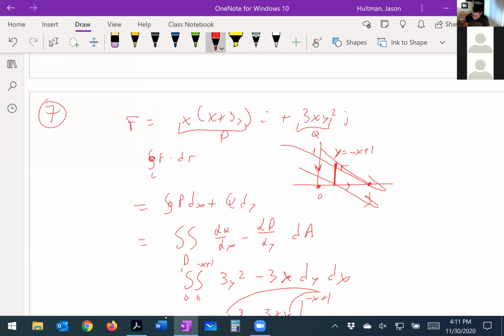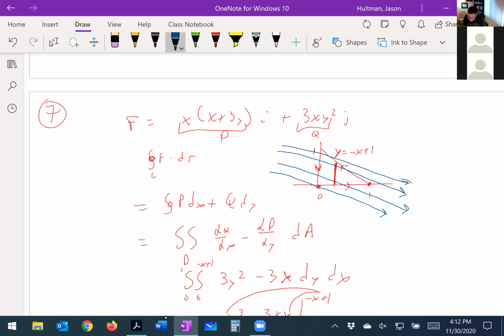Maybe the flow is going like this, who knows? We don't know what the force field is doing, but maybe there's some sort of force field that is flowing against, right?